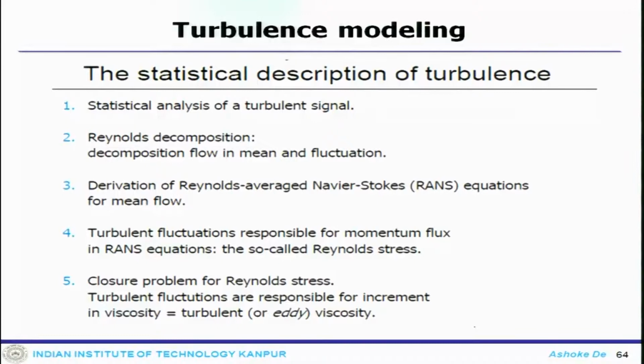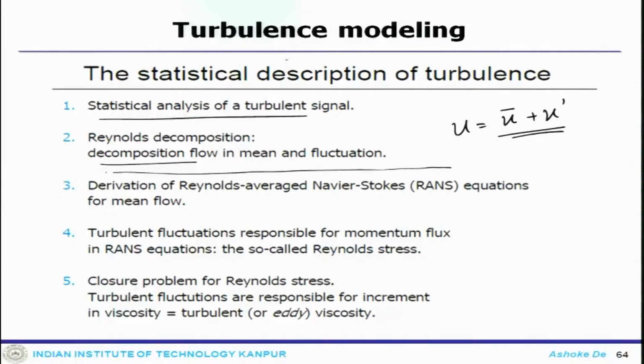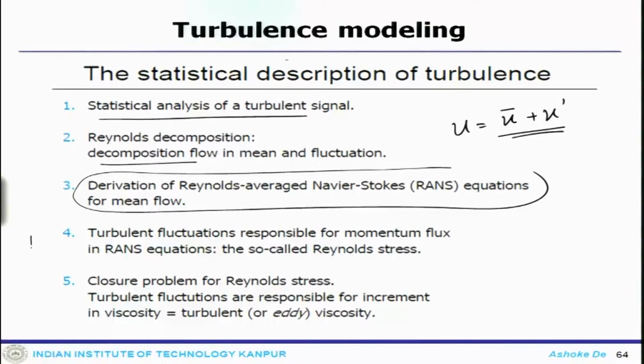So, how can one actually describe it? It has to be described statistically. Reynolds proposed a decomposition of the flow field: you have an instantaneous flow field, and you can decompose it into mean and fluctuating components. This leads to the RANS equation, or Reynolds averaged equation. We will see how it is done, and then you get some turbulence model to close it.